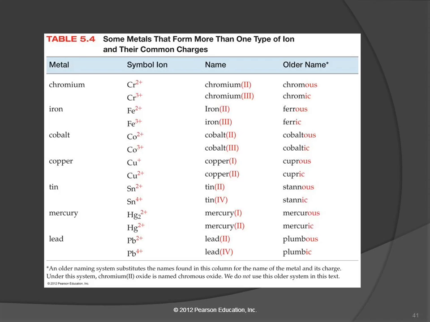And in case you've forgotten, Roman numerals are a little weird. I guess that's visible enough. Roman numeral 1 is an I, capital I. Roman numeral 2 is 2 I's. 3 is 3 I's.